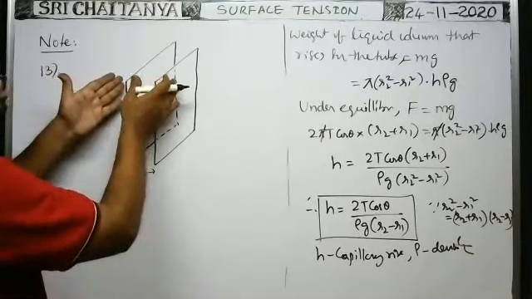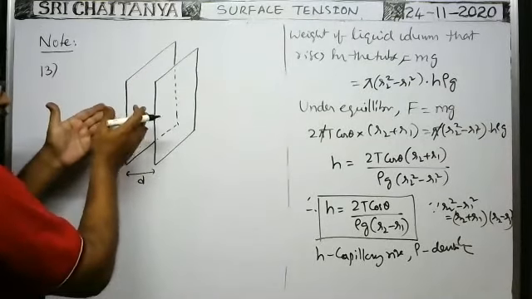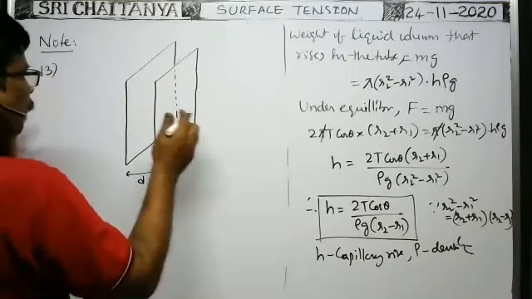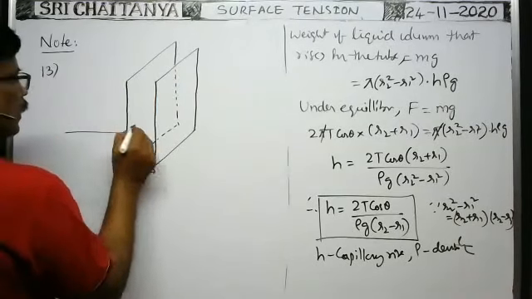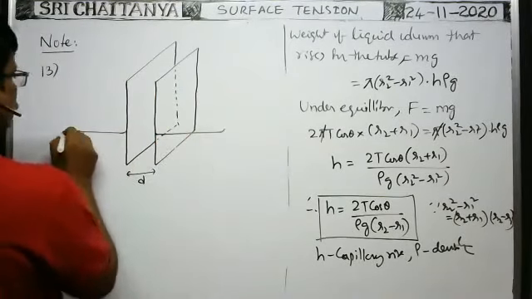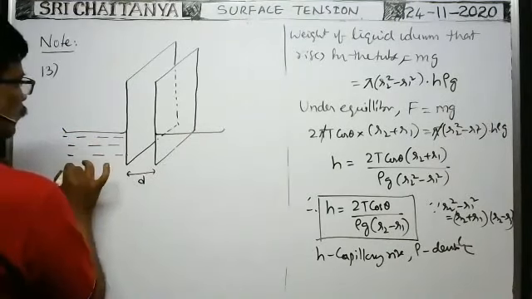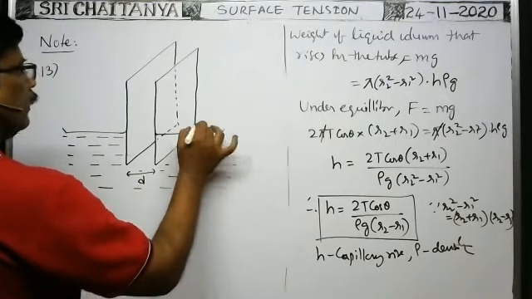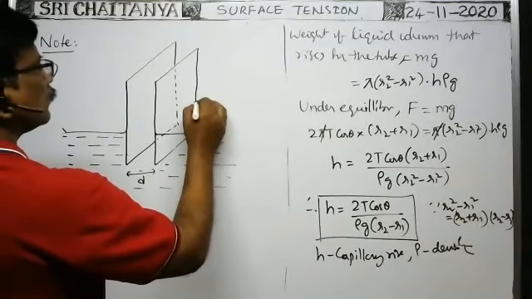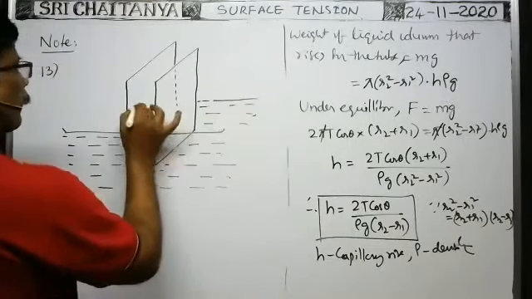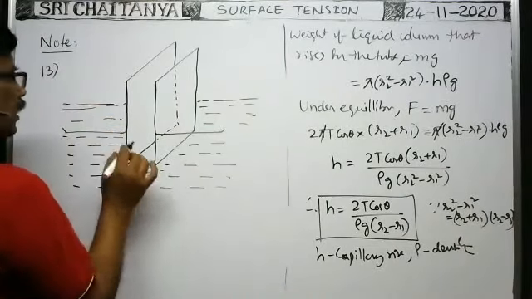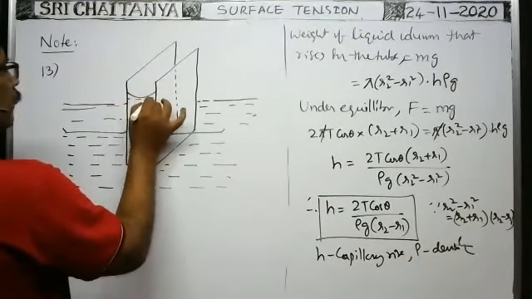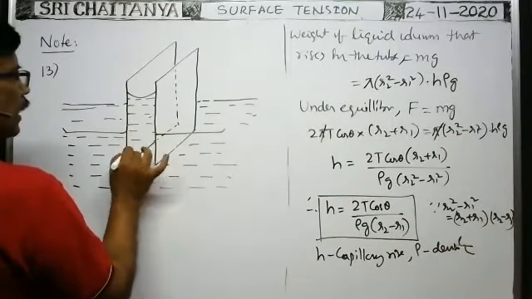Here, suppose these two glass plates are kept at separation d, parallel to each other symmetrically, and these two plates are kept in the liquid, so that a part of it is submerged in the liquid. Suppose the liquid submerges up to this. Then because of capillary phenomena, the liquid level rises in between the two glass plates up to this.